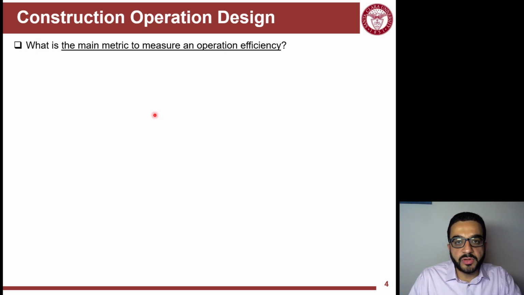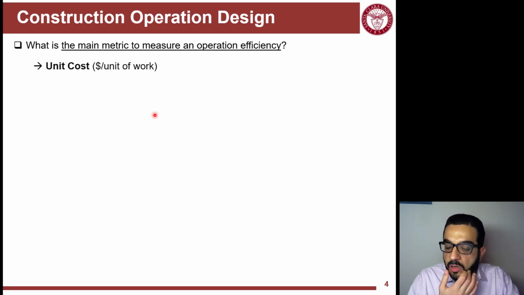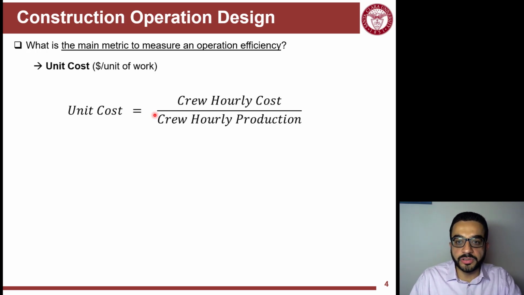So when designing an operation, what is the main metric that we are trying to consider here? As most of the construction industry is driven by cost, we're considering here the unit cost, how much it will cost to do one unit of work, considering the usage of that crew and its composition and design.